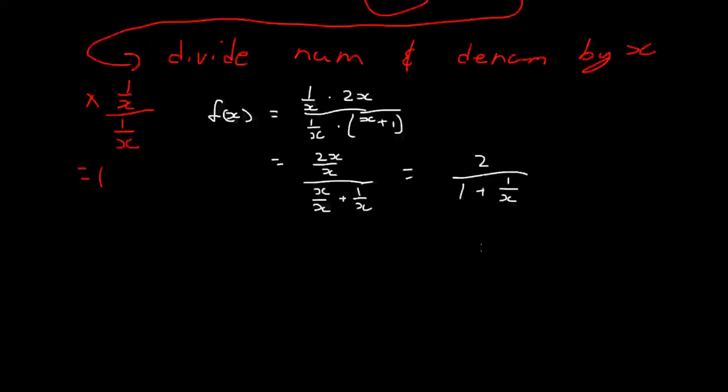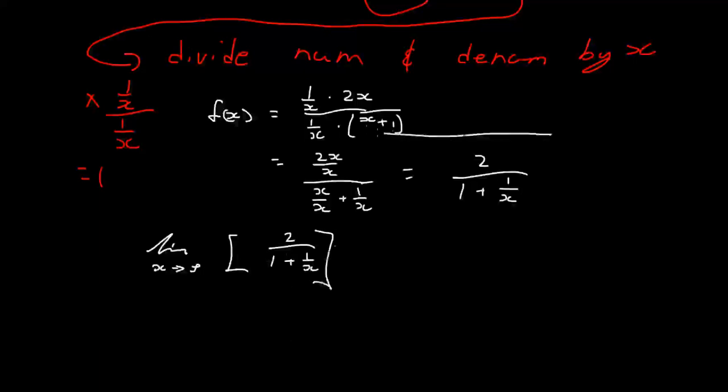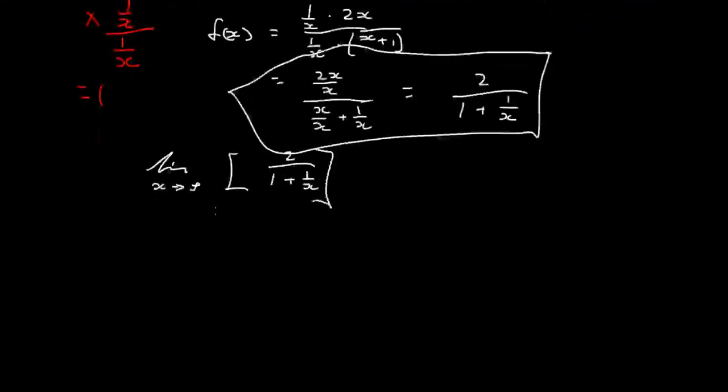Now that we've used our trick, we try to evaluate the limit again. So, limit as x tends to infinity of 2 over 1 plus 1 over x. Okay? So we just start again. Now that we've got our function in a new form, we just start evaluating the limit again. So now we can just substitute in infinity.